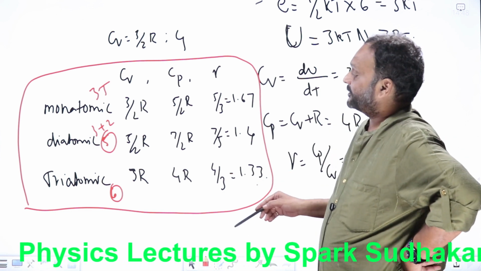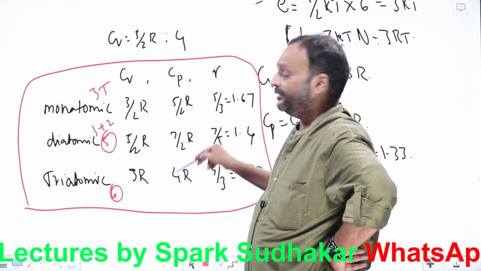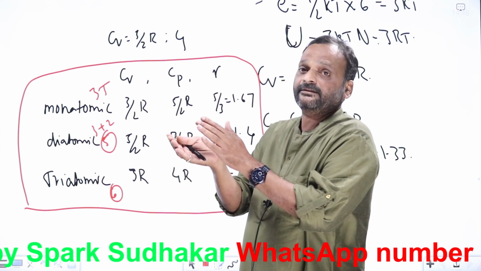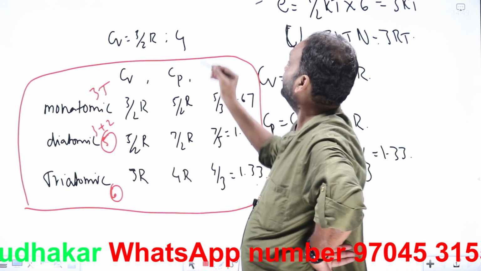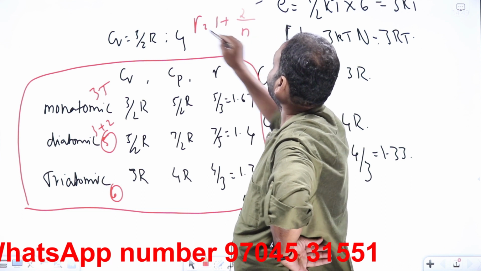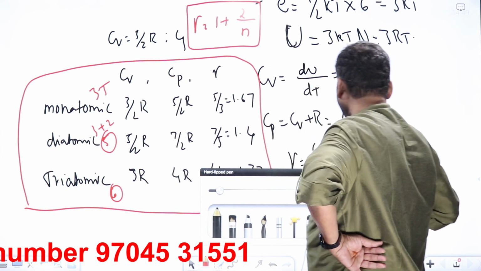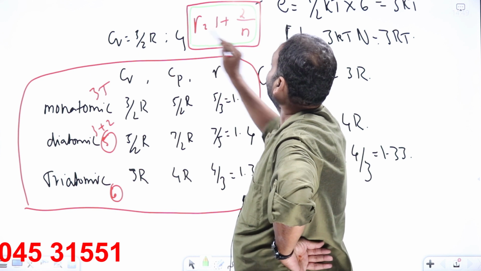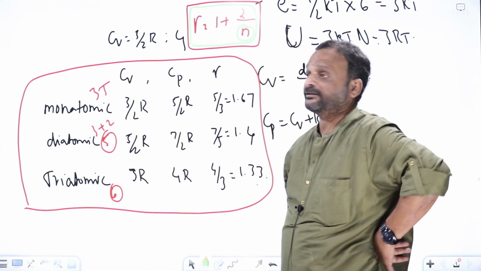So as the number of degrees of freedom keeps on increasing, the gamma value of the gas keeps on decreasing. What is the relation between the number of degrees of freedom and the gamma value? There is one formula: gamma equal to 1 plus 2 by n, where n is the number of degrees of freedom.